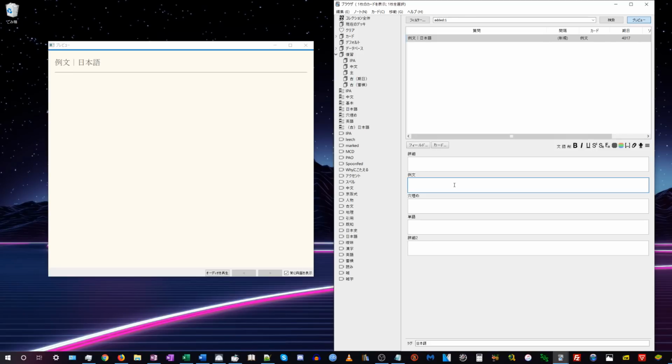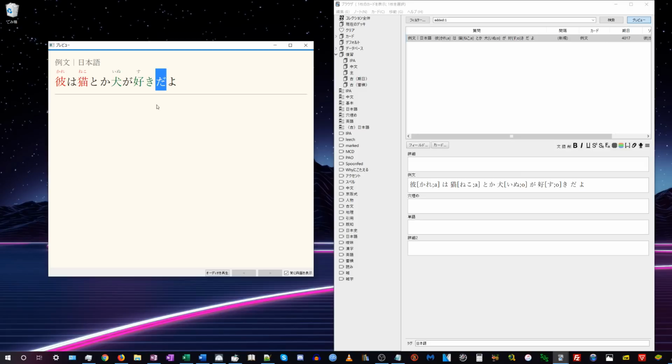To give you an example, if we take this sentence right here and generate the pitch for it, we see that although kare, neko, inu, and suki are color-coded for pitch accent, wa, toka, ga, da, and yo aren't. I should also point out that although da isn't technically a particle, it's actually an auxiliary verb.